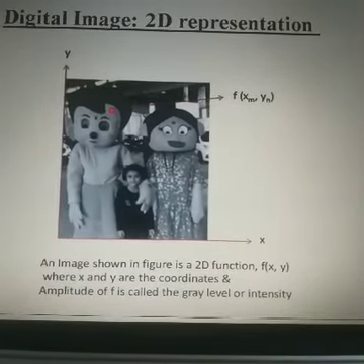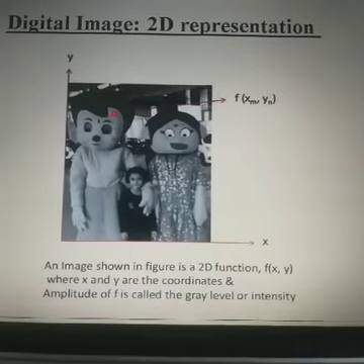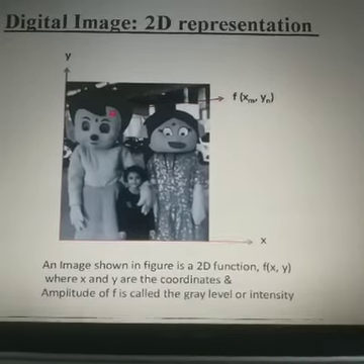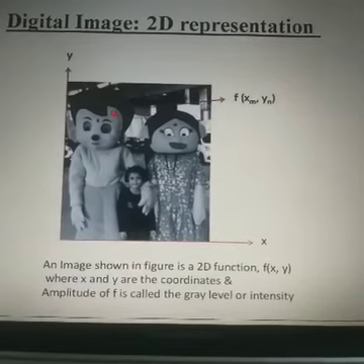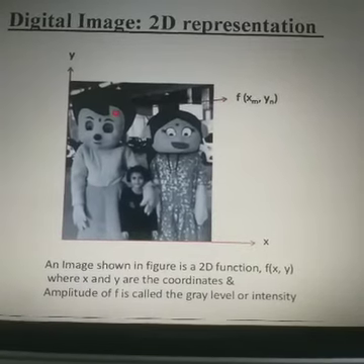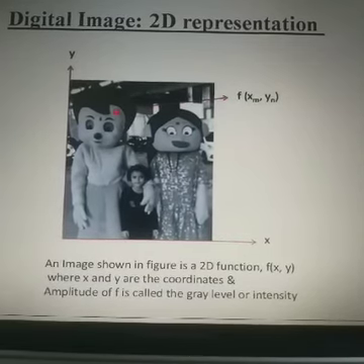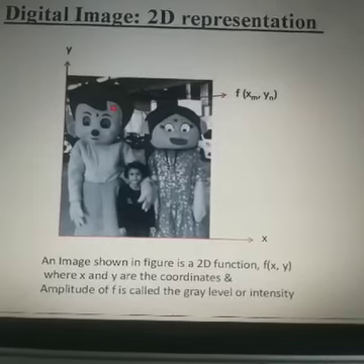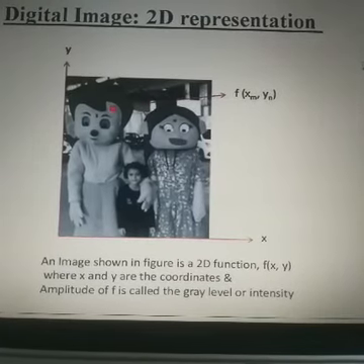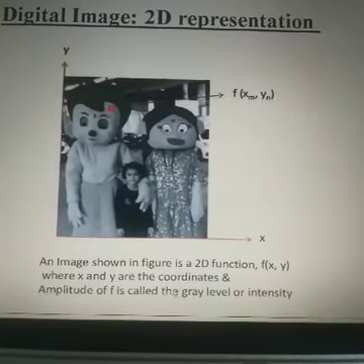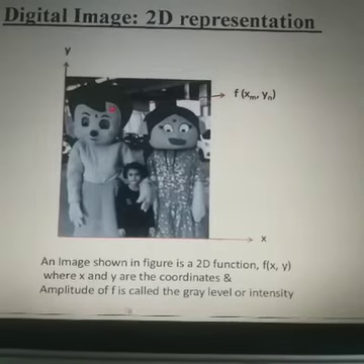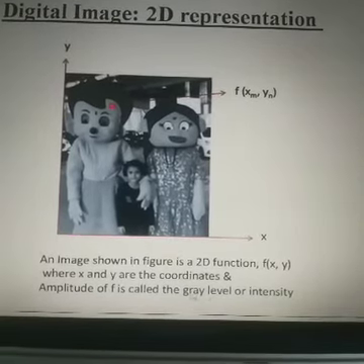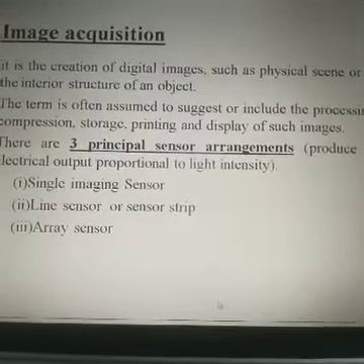These are defined to give us information about which pixel is to be enhanced or edited. So an image is a two-dimensional function f(x,y), where x and y are the coordinates and the amplitude of f is called the gray level or the intensity.